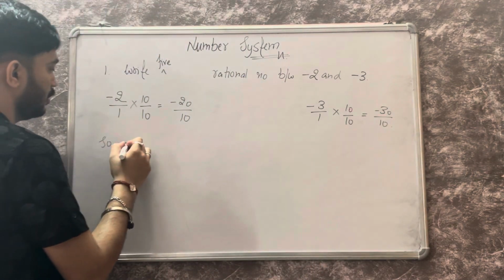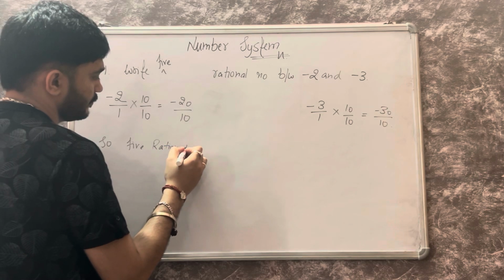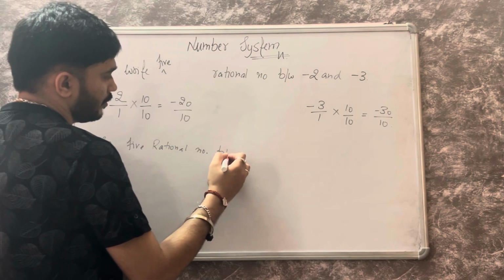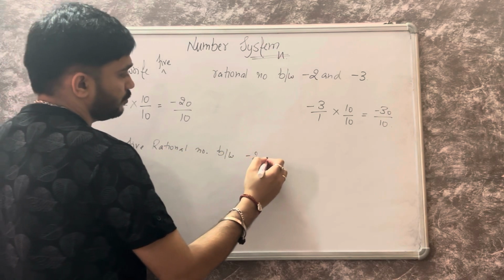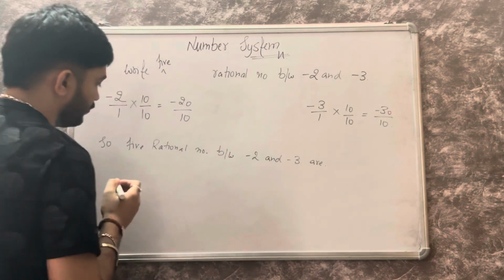So the 5 rational numbers between minus 2 and minus 3 are, what are those?